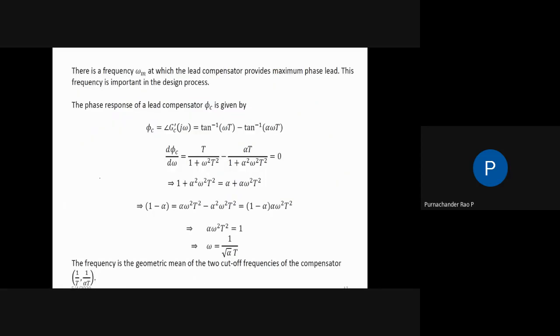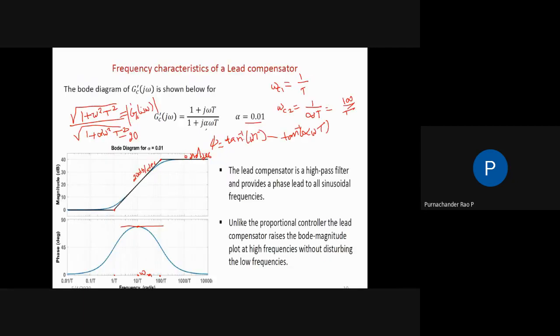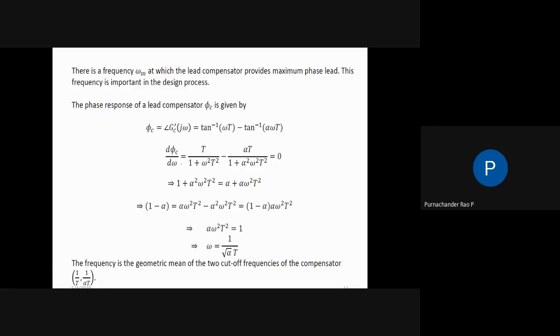To do that, we need to differentiate the phase angle equation. We know that the phase angle is tan inverse of omega t minus tan inverse of alpha into omega t. If you differentiate this equation with respect to omega, then you will get the relation for omega where you get the maximum phase angle.